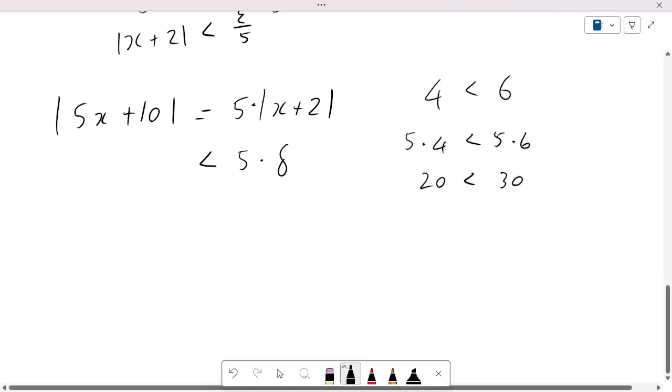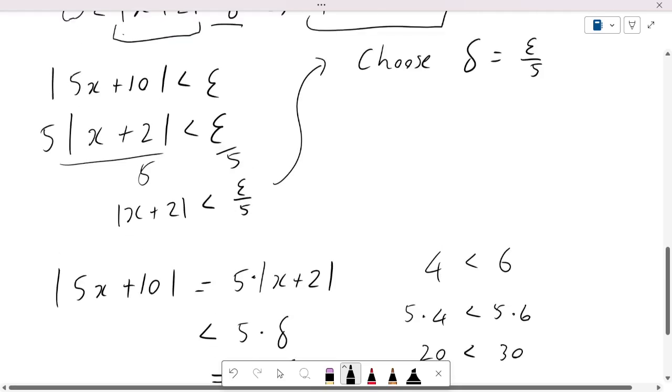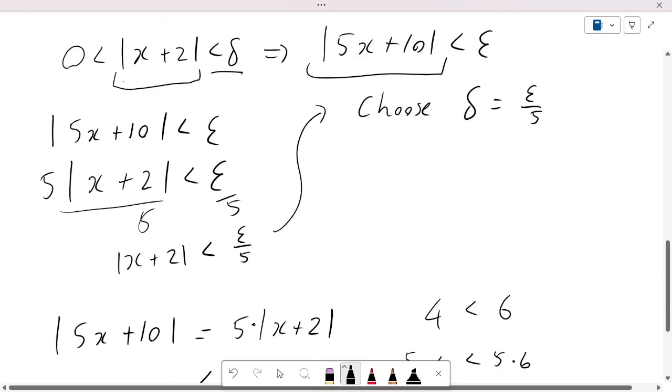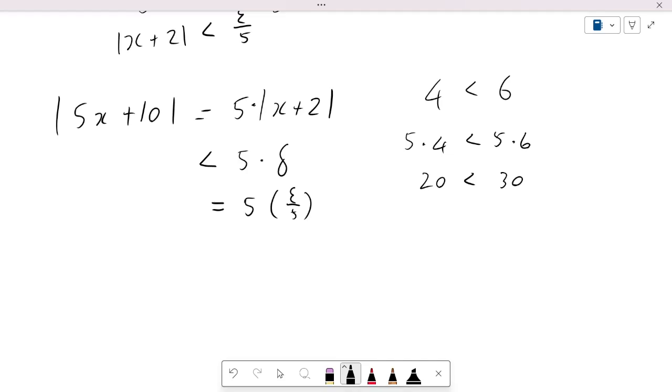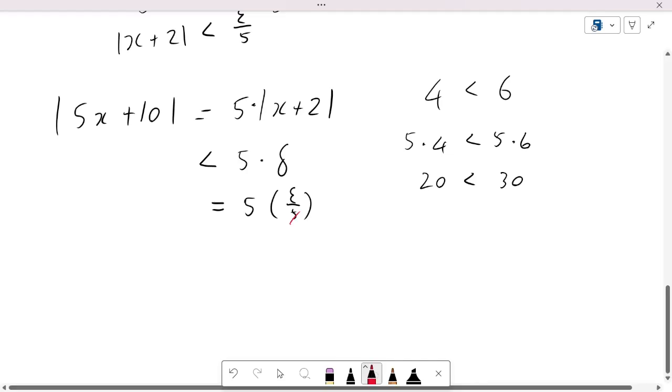Okay, and now from this, we know that this will actually just be equal to 5 multiplied by our epsilon over 5, because remember, we've chosen our delta to be epsilon over 5. So the 5s can cancel out, and therefore we are left with epsilon.